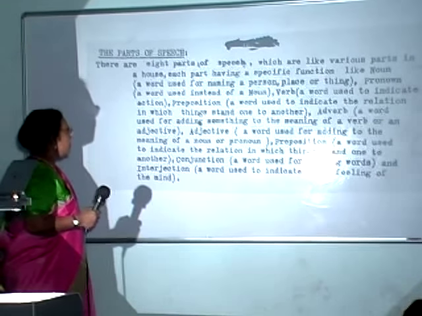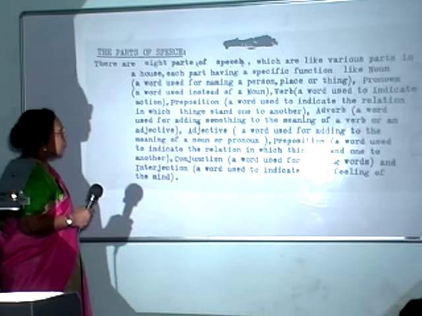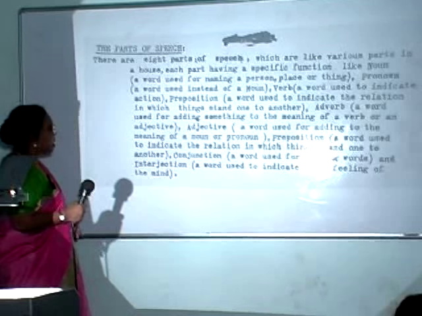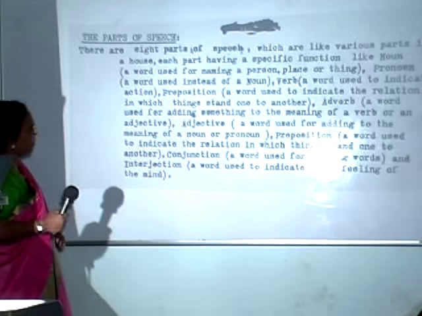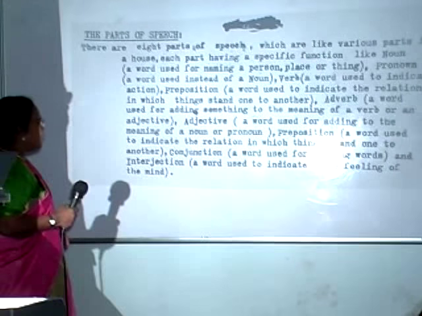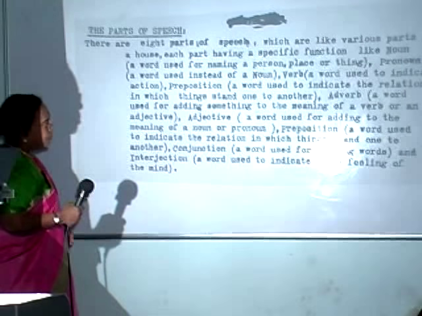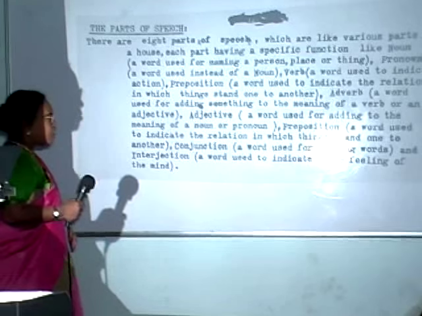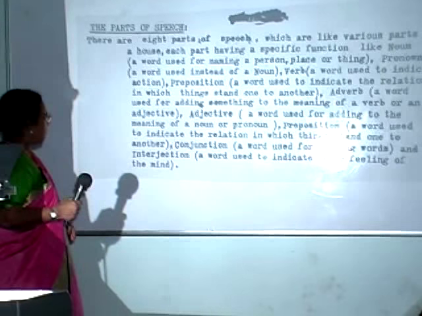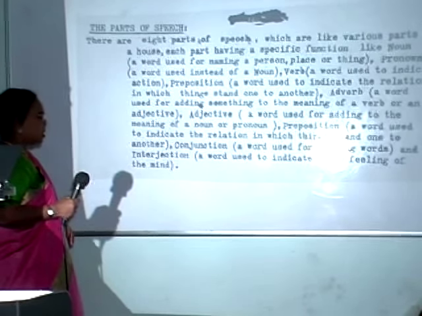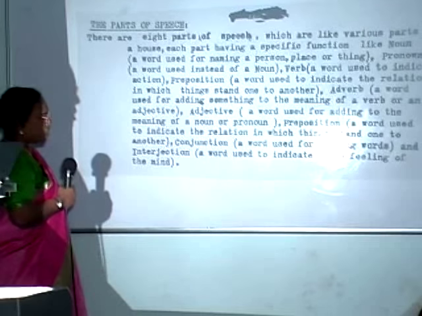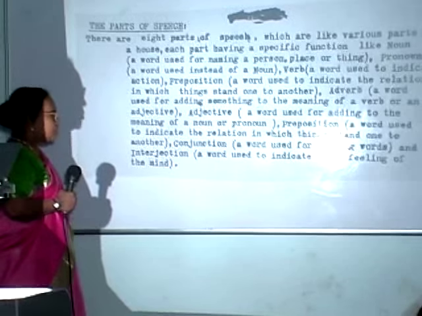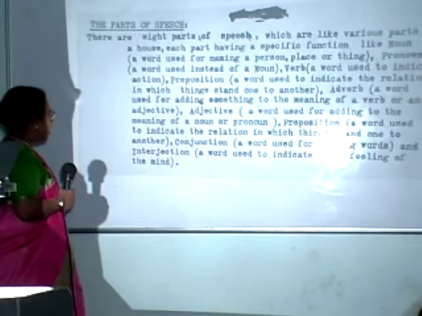Adverb, a word used for adding something to the meaning of a verb or an adjective. Adjective, a word used for adding to the meaning of a noun or pronoun. Conjunction, a word used for joining words, and interjection, a word used to indicate some feeling of the mind.